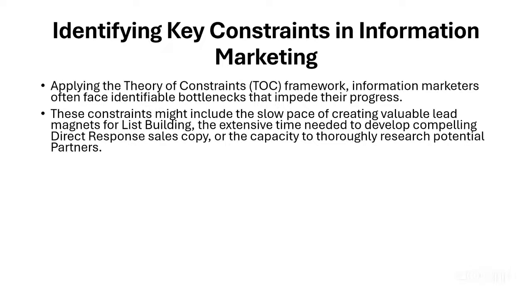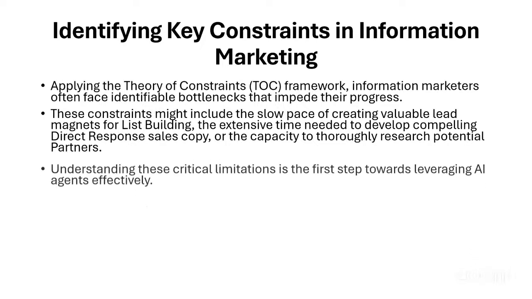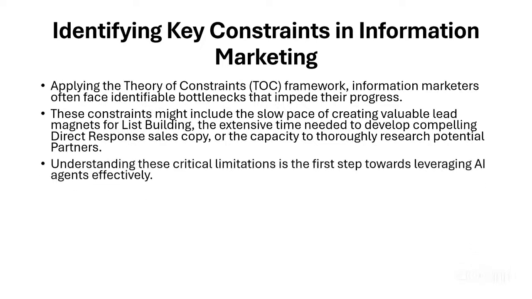We sell with bullets that emphasize the benefits and not necessarily the features. All of those things are part of the classic copywriting framework, and they work because of human psychology. And so we still have to operate with those things. But if you can't do it fast enough, that's going to be a problem. It's a bottleneck. So that's just an example of something that could be in your way.